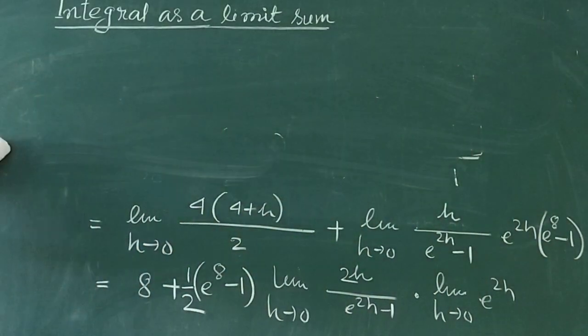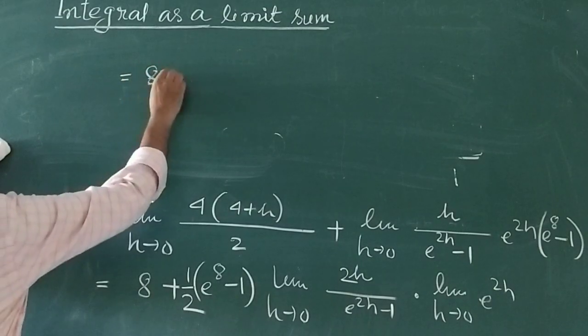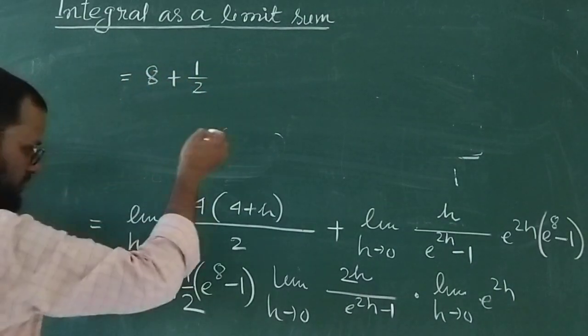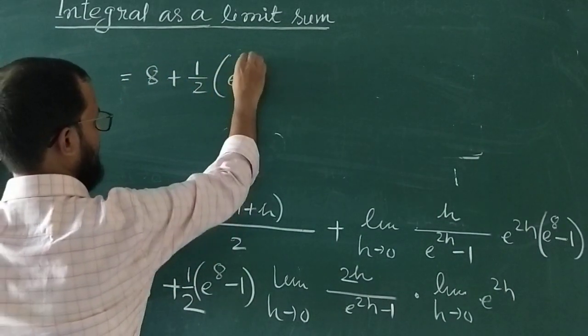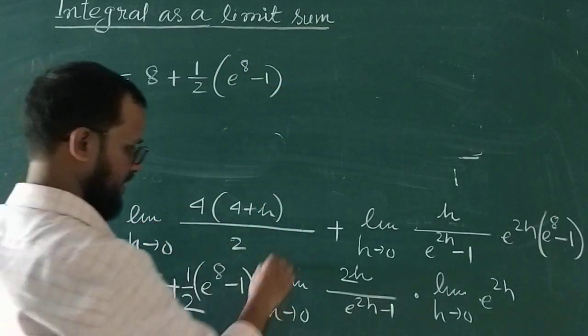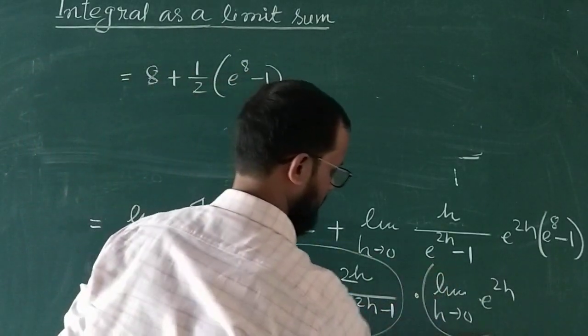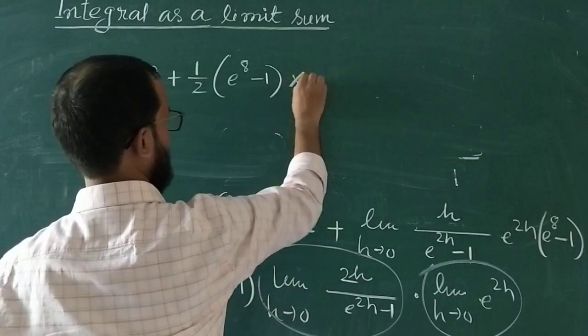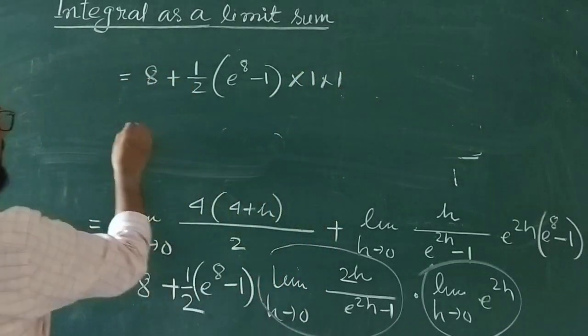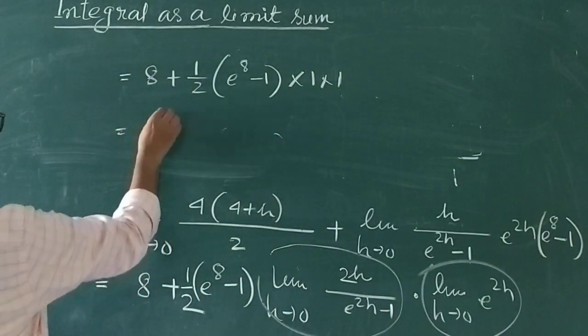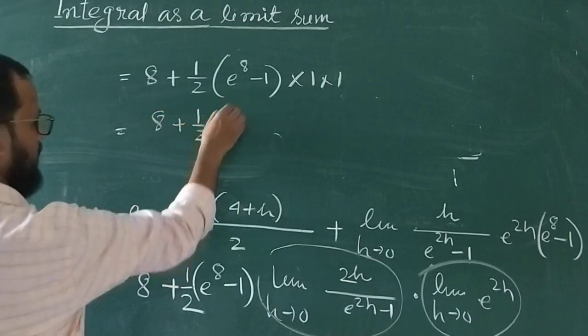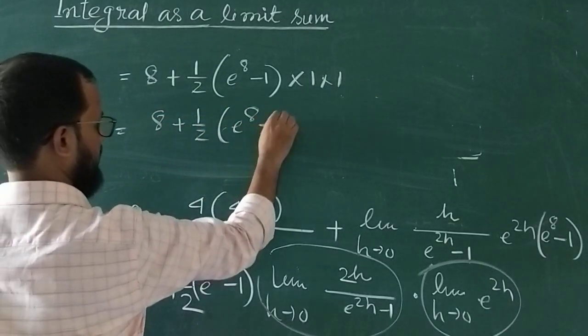Then what happened? It can be 8 plus half into e to the power 8 minus 1, and this limiting value is 1, and this limiting value is 1. So you can write 1 into 1, and finally your result is 8 plus half into e to the power 8 minus 1.